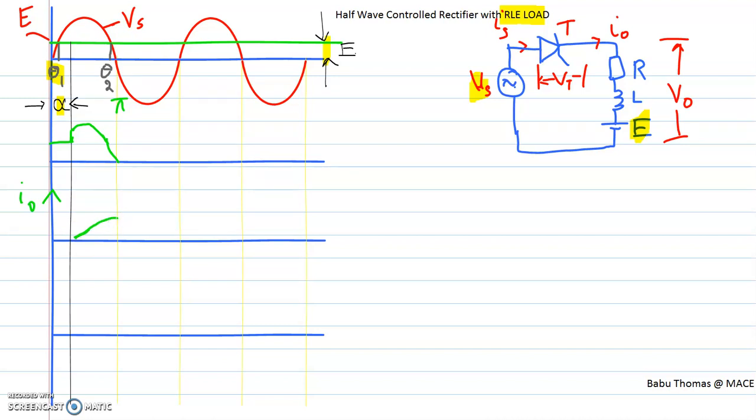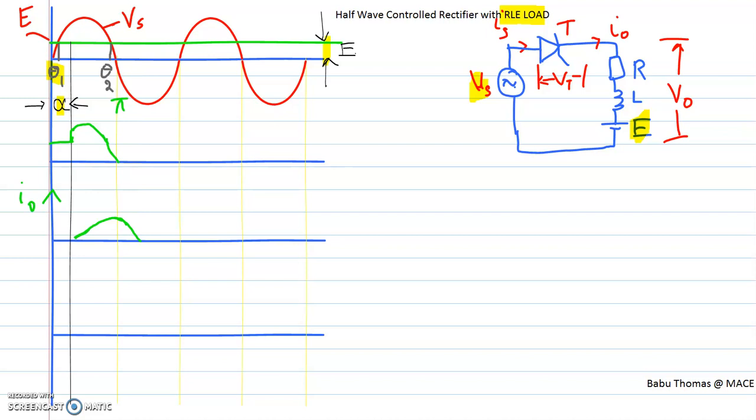When reaching pi, the current I0 has not gone below the holding current, and because of the lagging nature of your current, the thyristor will not get turned off. At another point of time, at an angle beta, the current reaches 0, and therefore the thyristor gets turned off.